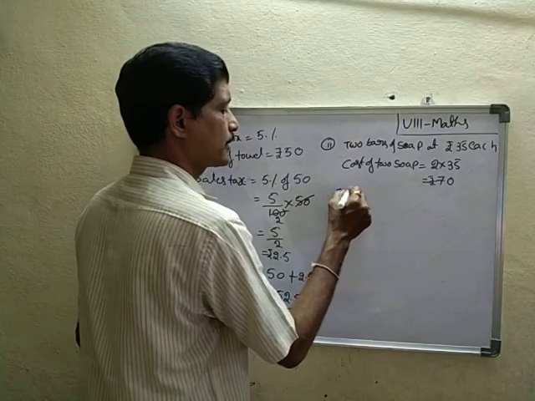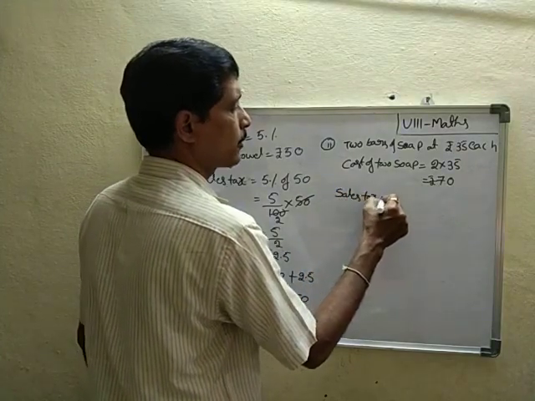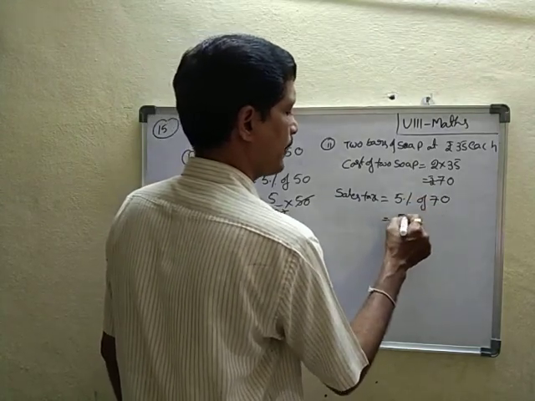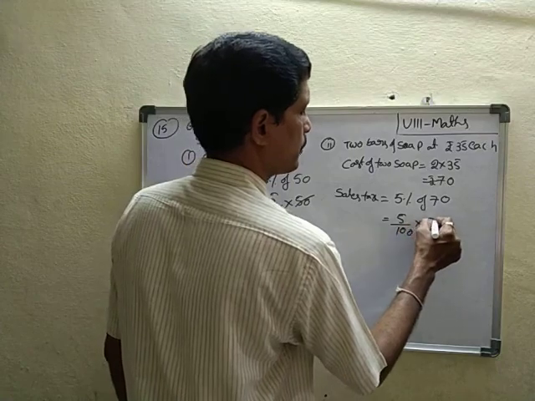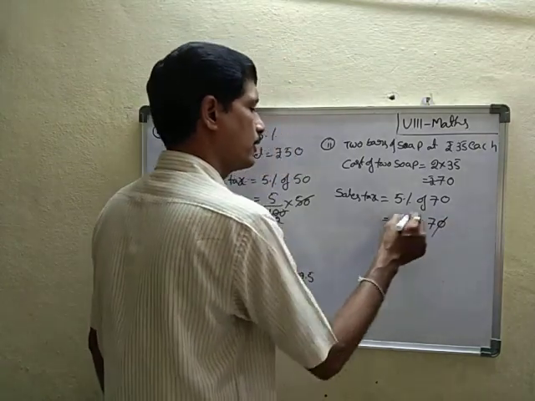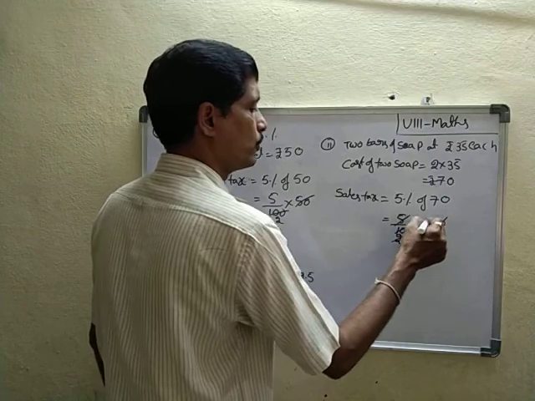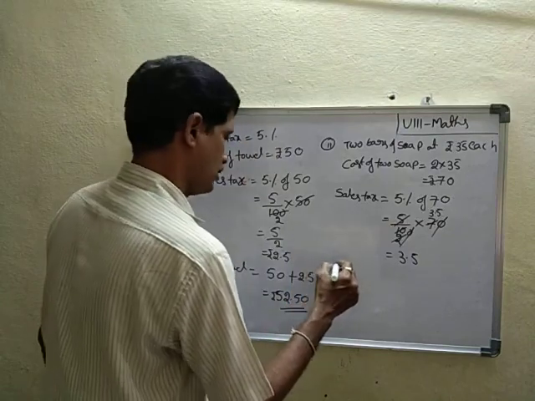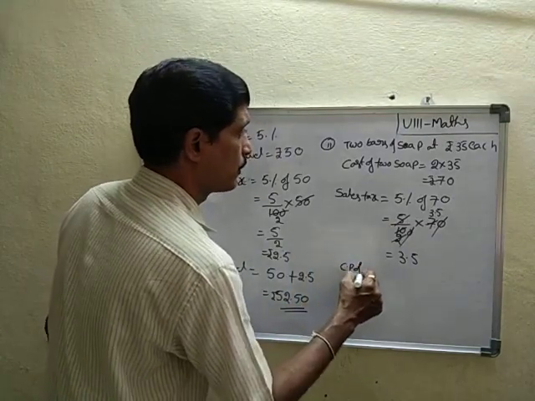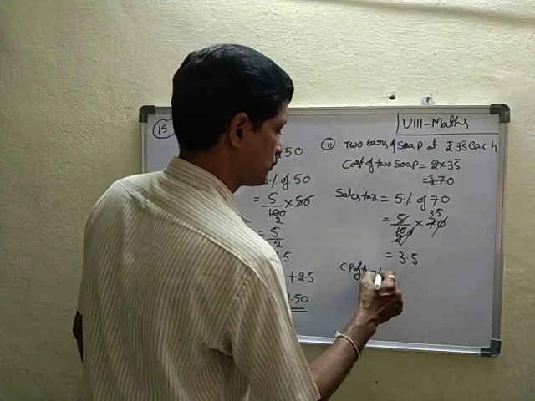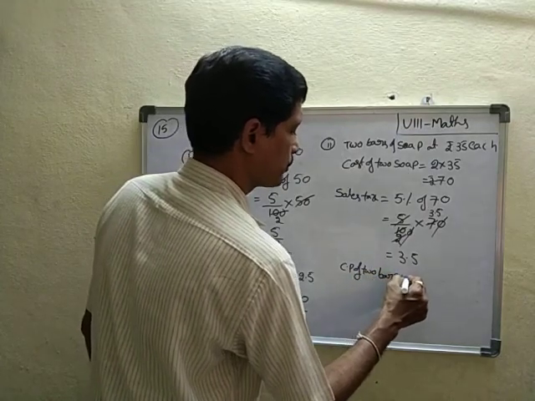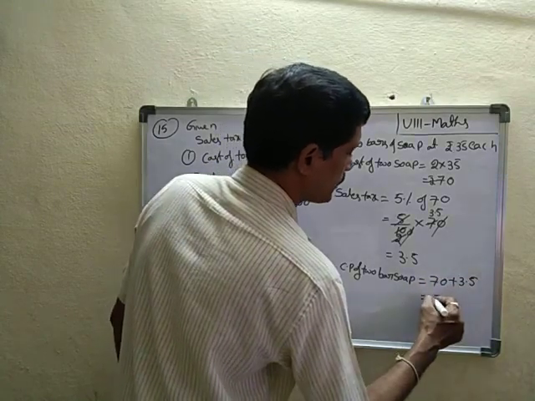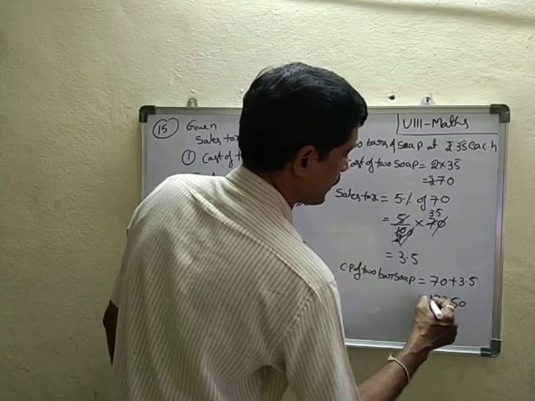Therefore total sales tax amount equal, that is 5% of 70 rupees. Therefore 5 by 100 into 70, 10 get cancelled, 5 2s to 3.5, therefore 3.5. Therefore cost price of 2 bar soaps equal to 70 rupees plus 3.5 rupees, that equal to 73 rupees 50 paisa.